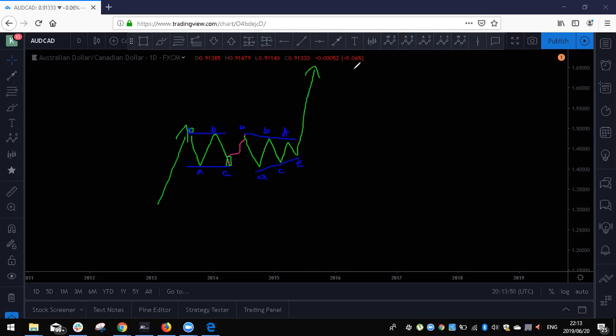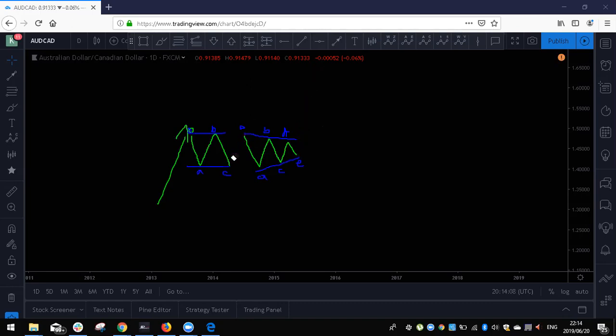At E you end. You'll just be following the same rules: you enter at C, the trade fails, you wait for E, and then it goes up.